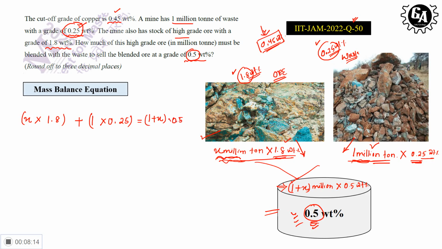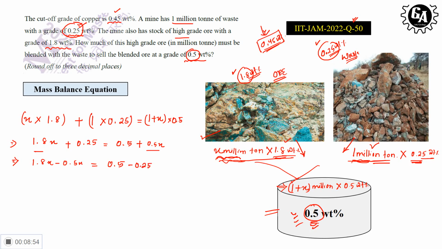Okay, if we just want to solve this one, this is 1.8x plus 0.25 is equal to 0.5 plus 0.5x. So this is 1.8x, this is 0.5x, this is 1.8x minus 0.5x, because if you take it to this side then that will be negative, and this is 0.5 minus 0.25.